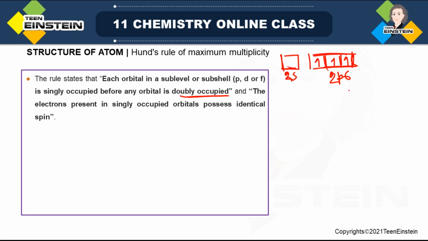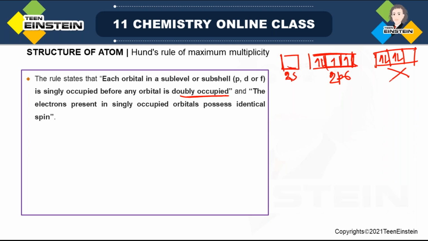Once it is singly filled, then you can place the 4th electron, not before. So you should not fill it like 1, 2, then 3, 4. No, it is not the correct way. First you have to place 1, 1, 1, then you can place the 4th one, because you don't have any option. You have to place the 4th one in px. So each orbital in a sublevel or subshell is singly occupied before it is doubly occupied.